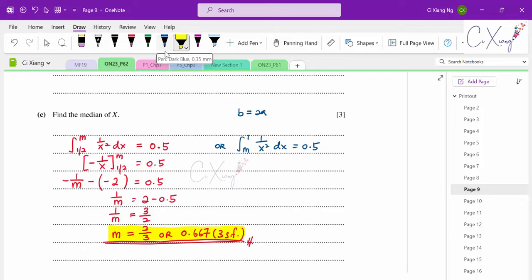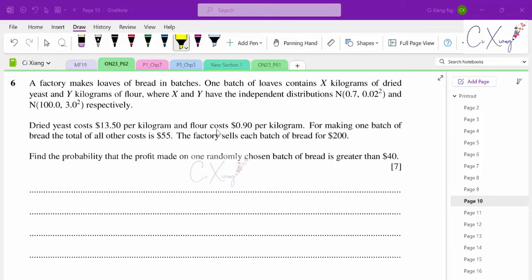Okay. Alright, so this is how we solve this question. So question number 6. A factory makes bread in batches, and one batch of loaves contains X kilograms of dry yeast and also Y kilograms of flour, where X and Y have independent distributions. So both X and Y are normally distributed.